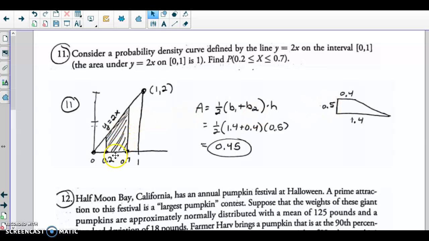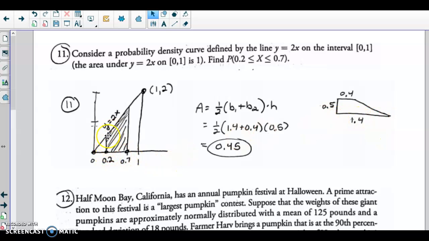For that trapezoid, the long base, base 1, is 1.4. I know that because if x is 0.7 and I plug it into the function, this y value is going to be 1.4.